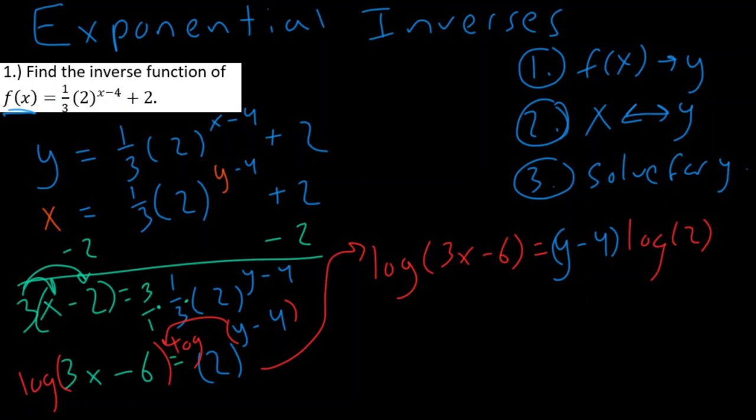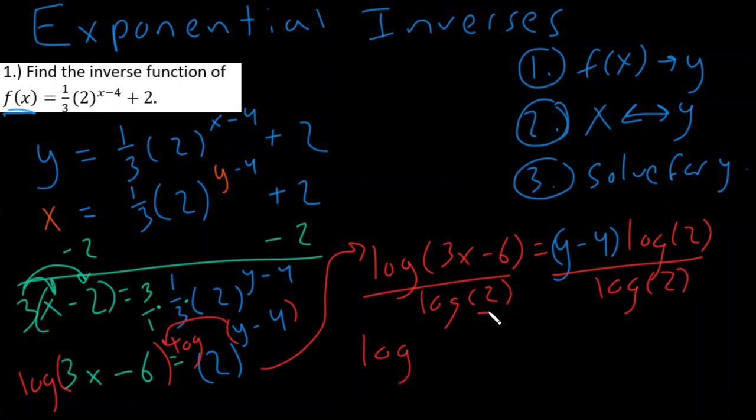Okay, pretty straightforward from here. We know that from here we simply want to divide both sides by the log of 2, and this is our change of base rule, where whatever we divide by, that number becomes the base. So log base 2 of 3x minus 6 is equal to, back to our normal color, y minus 4.